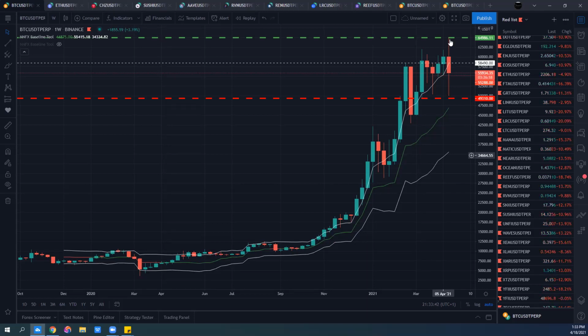Now, to me, this candle is still a form of correction, though it is massive. We started the week bullish, but now this candle is going to close bearish. How many hours do we have before the weekly candle closes? I think we have like 3 hours.